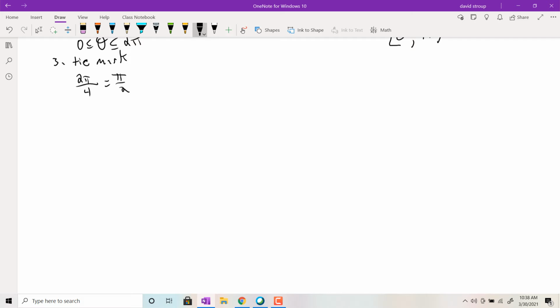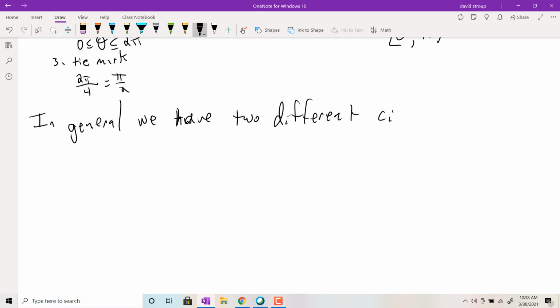And in general, we've kind of looked at just two cases, but we have two circles, basically. In general, we have two different circles and two different orientations.